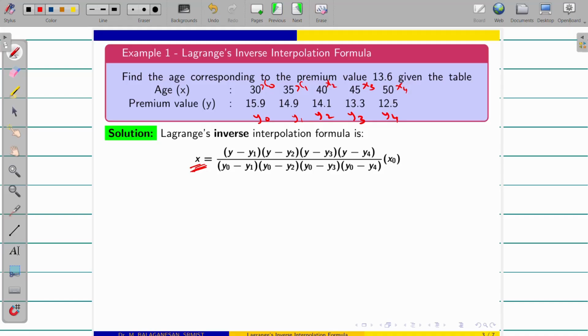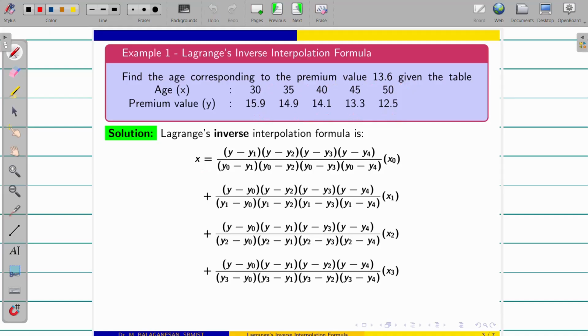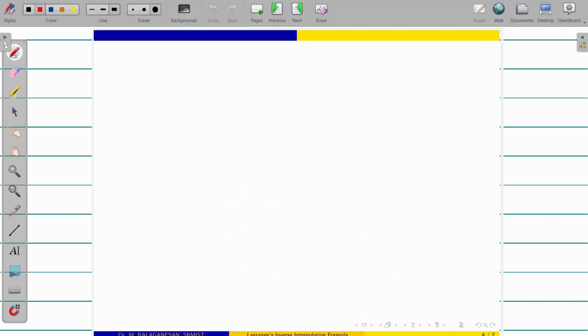I no need to repeat it again, because in Lagrange's concept, you don't need to find any additional table or h value or u value, v value, nothing. Simply from the given data, we take x0, x1, x2, x3, x4 values and corresponding y0, y1, y2, y3, y4 values, and we have to substitute in that. That's it. So these are all the terms we have here.